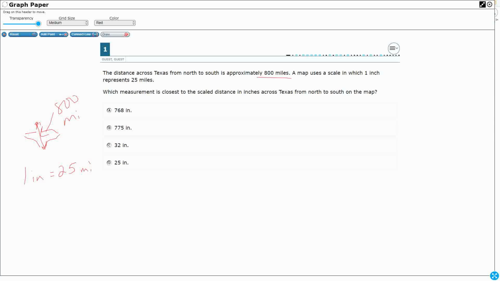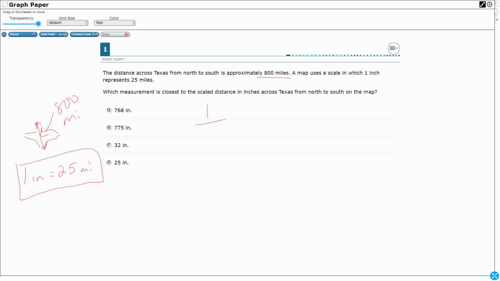All right, so we're going to set up a proportion here, and there are a few different ways we can look at it. So one way to look at it would be to set up this initial proportion, and all I would do is flip it so that it lives as a fraction. Now, the key here is going to be units.